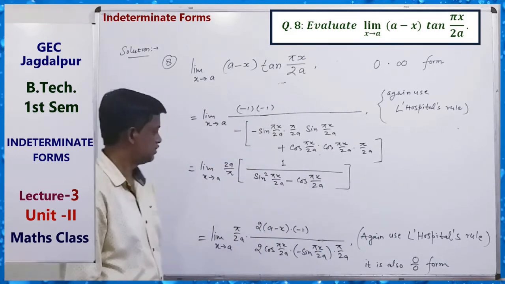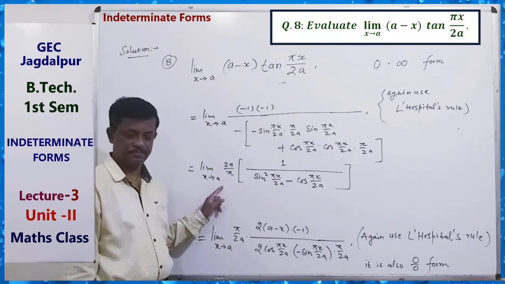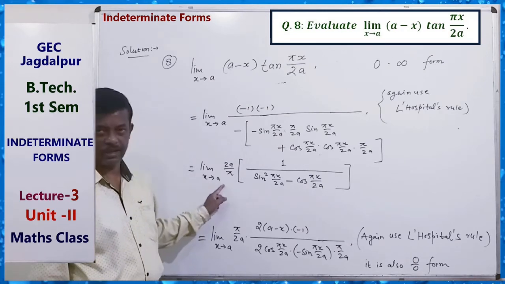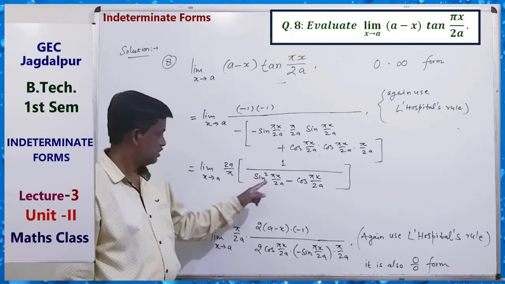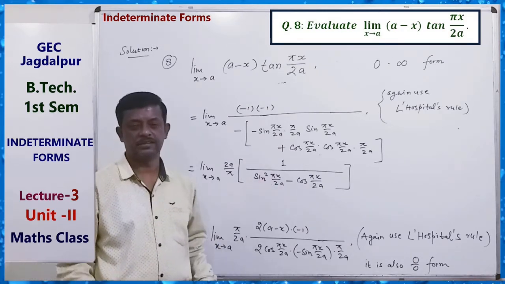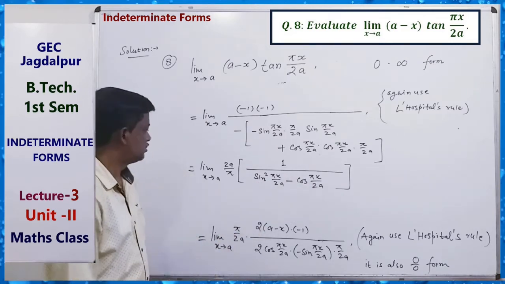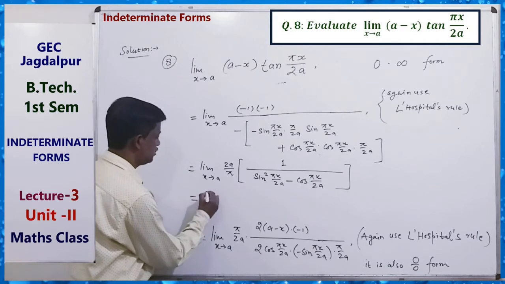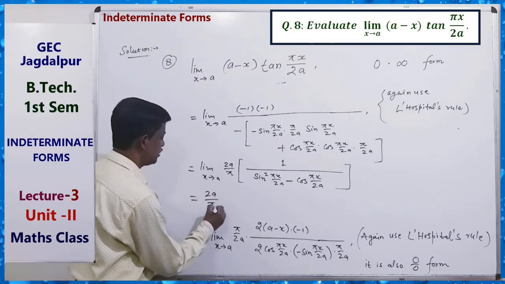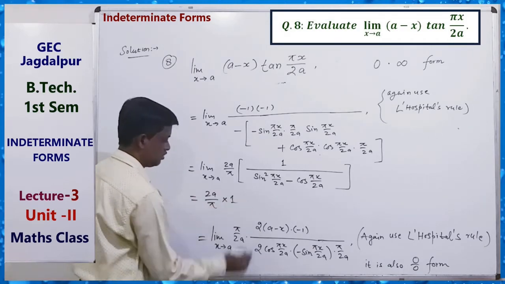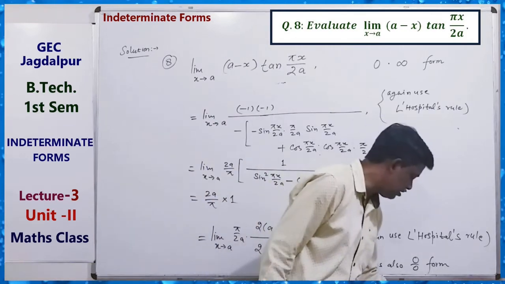Just we get this. Now x tending to a, that means sin 90 is 1. So this is 1, this is 0. So answer is what? 2a by pi into 1.